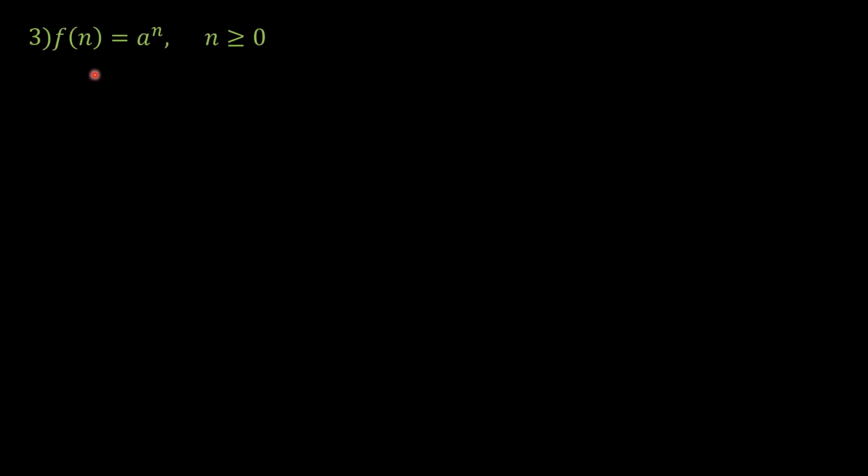Next function is the sequence whose general term is f of n is equal to a raised to n for n greater than or equal to 0, and a any scalar. So the Z transform of the sequence f of n is equal to summation, as we have been given n greater than or equal to 0, so our summation runs from 0 to infinity over n, a raised to n, z raised to minus n, because our f of n is a raised to n.